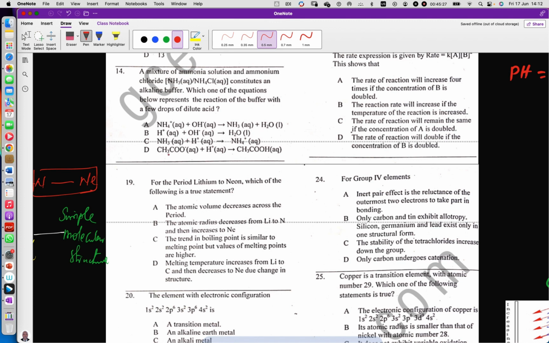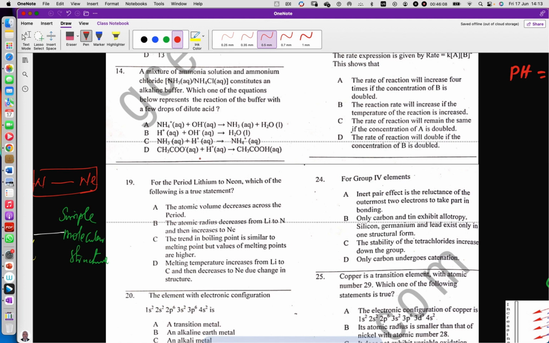Equation that represents the reaction of the buffer with dilute acid. Okay, if you look at equation D, you will see the ethanoate ion and hydrogen ion, and ethanoic acid.